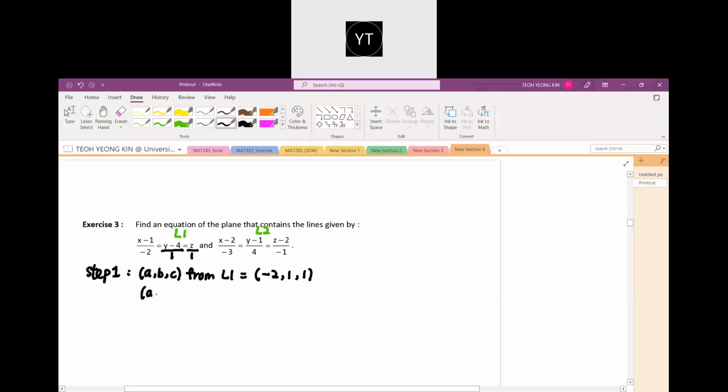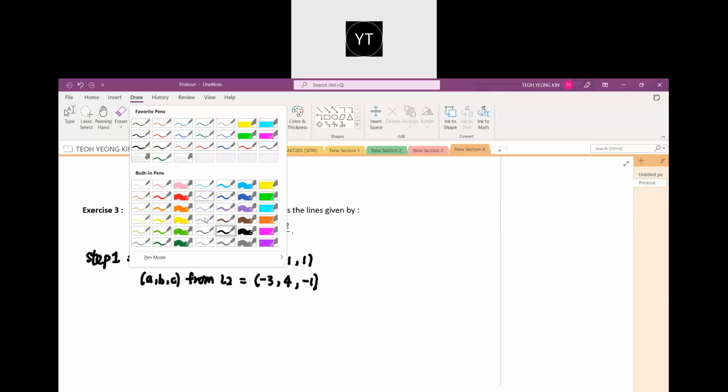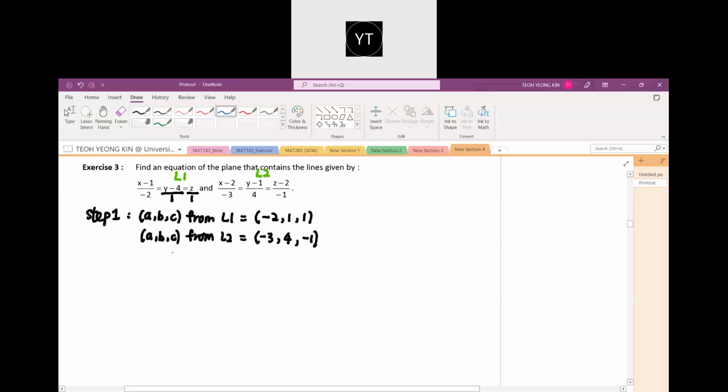Then the ABC from line 2 is equal to -3, 4, and -1. From these two ABCs, we can find the normal vector. The normal vector is equal to the cross product, with I, J, and K, of line 1 and line 2, which is -2, 1, 1 and -3, 4, -1.